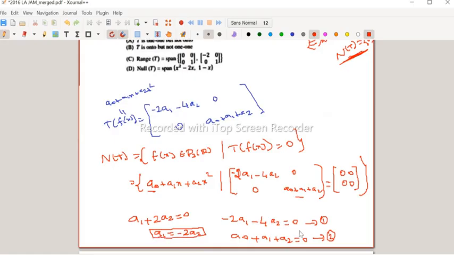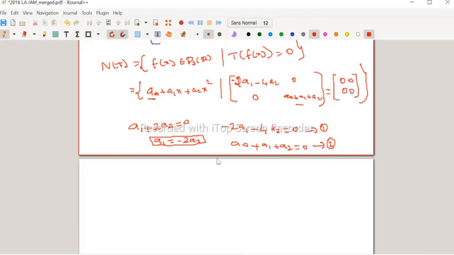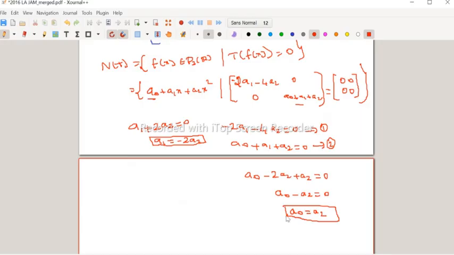Now what about the second equation? From the second equation, substituting this a1 value, we get a0 plus minus 2a2 plus a2 equal to 0. This is minus 2a2, this is plus a2, therefore we get a0 minus a2 = 0. That is a0 = a2. So there is a relation between a0 and a2.